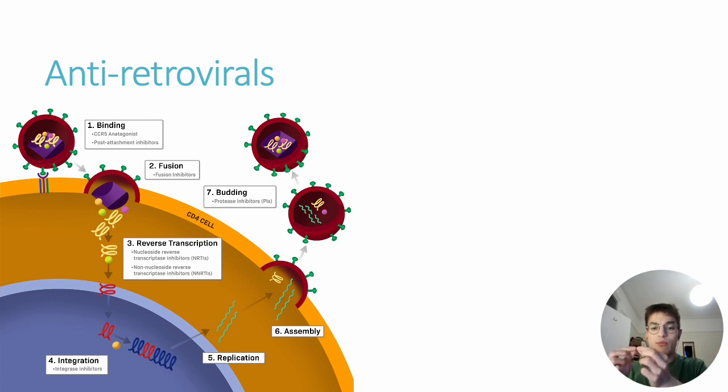You have one side of the zip, and the enzyme is essentially the zipper. As it moves along, it's adding on individual nucleotides to create this double-stranded DNA. And in one way or another, they effectively cause the zipper to stop working or to get stuck. And if it can't move on, the viral life cycle is interrupted.